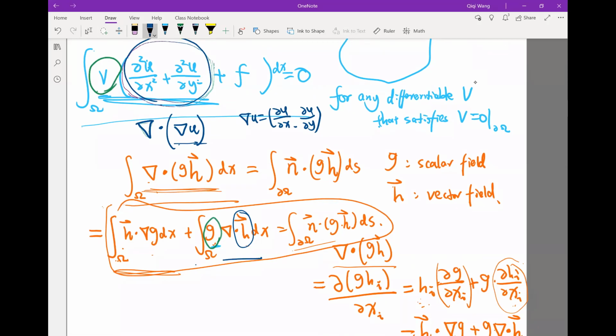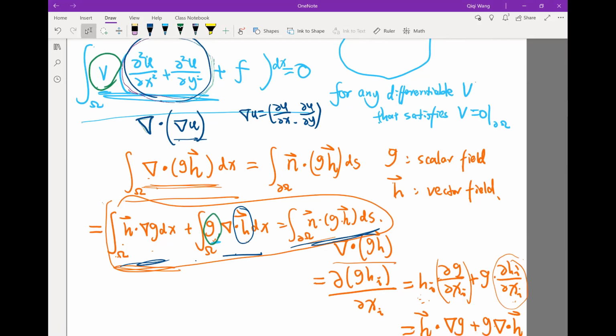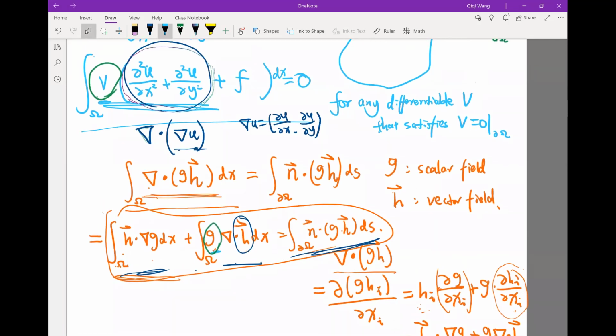And this can be written as the boundary term minus this. So the integration by parts goes as follows. Let's go back to our light blue line. It is equal to minus, let's write down the volume integral first. We have h, which is the gradient of u, right?